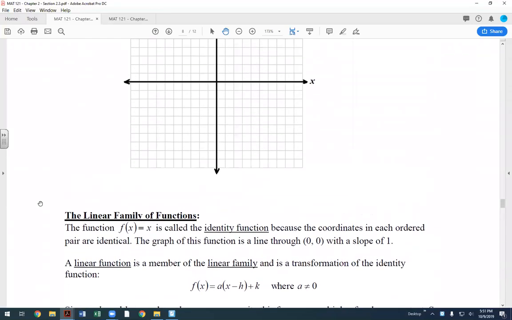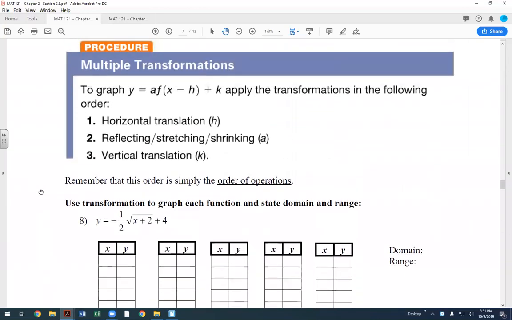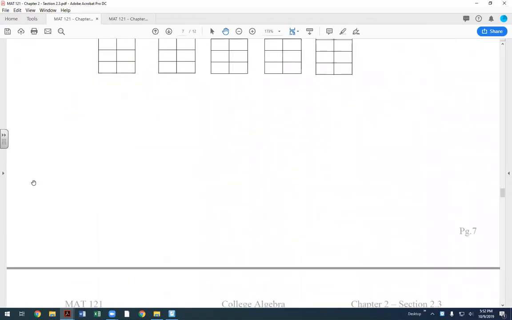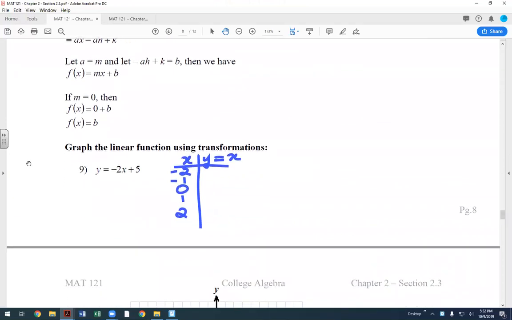If you go back to the previous page, we do horizontal translation first. Then we do reflection, stretching, or shrinking, depending on what you have. And then the last thing we did was vertical translation. So let's see which ones of these apply to our linear function here. Remember how our values all combine here to form the b?